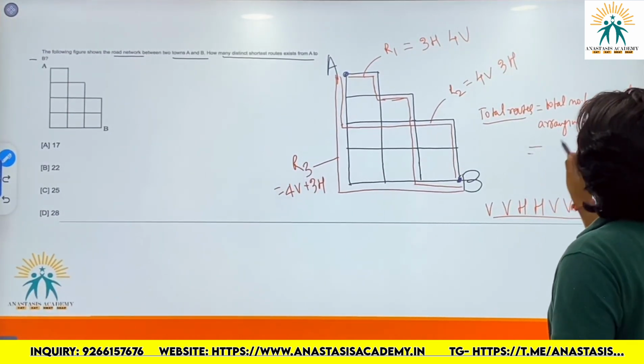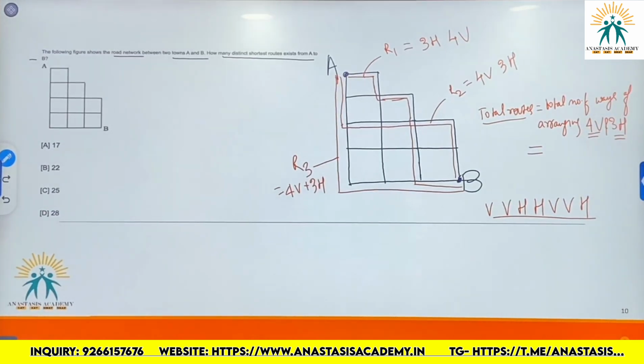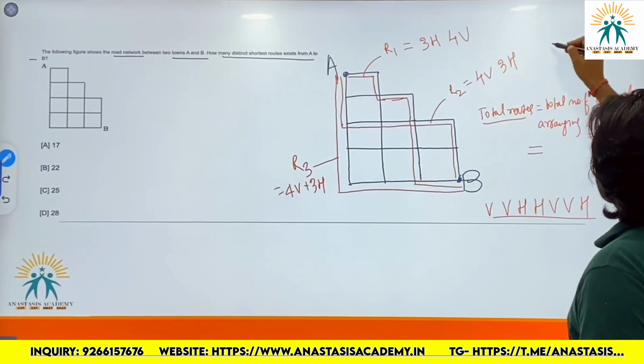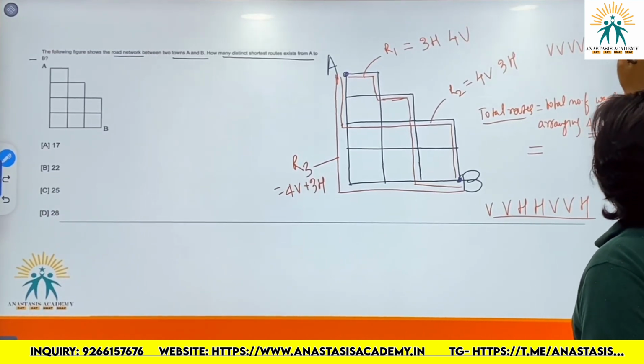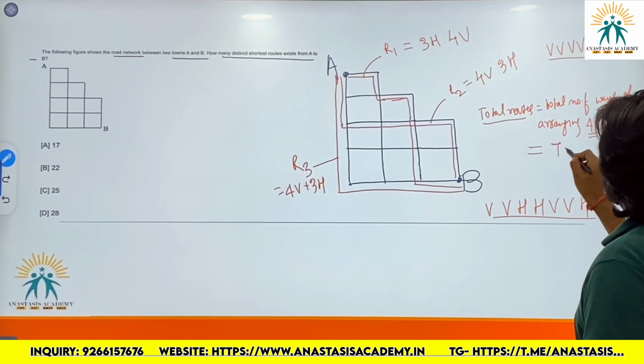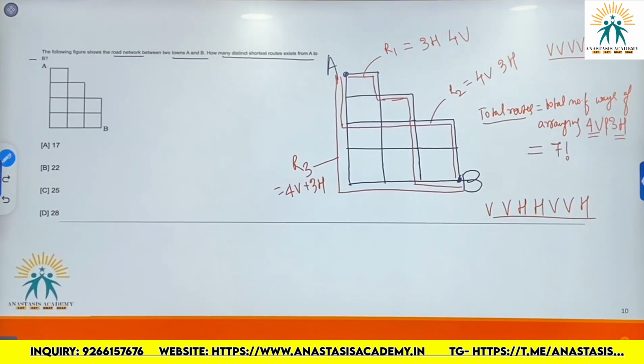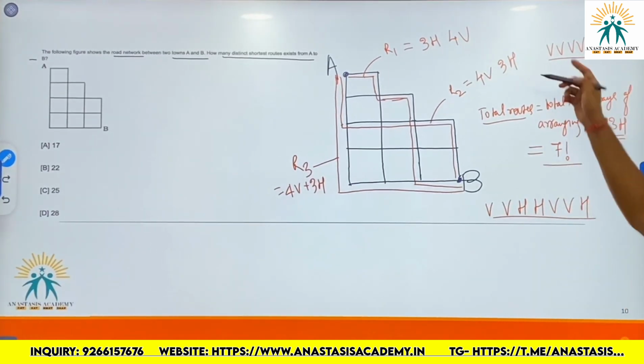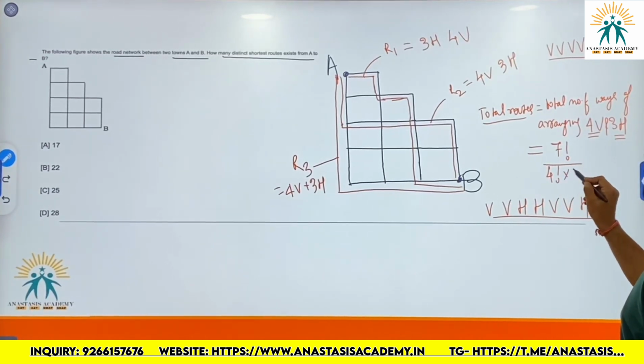The number of arrangements of these 4V and 3H: how many total objects are there? 4 V's, 1, 2, 3, 4, and 3 H's, 1, 2, 3. So there are 7 objects, and the arrangement of these 7 objects is given by 7 factorial upon 4 factorial into 3 factorial.